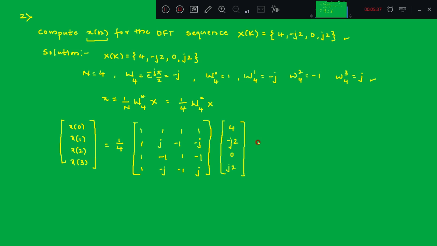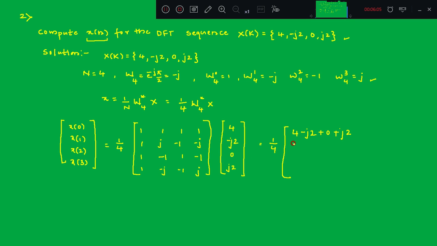Next you multiply, keeping this 1 by 4 as it is. Multiply the first row with this column. 1 into 4 is 4, plus 1 into minus j2 is minus j2. 1 into 0 is 0, and 1 into plus j2 is plus j2. Similarly, you multiply the second row elements with this column vector.